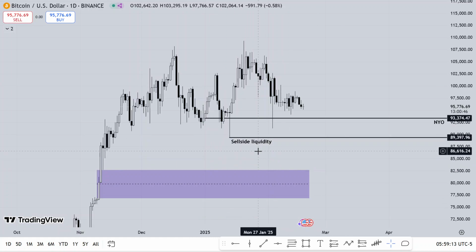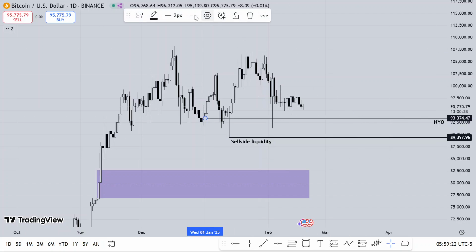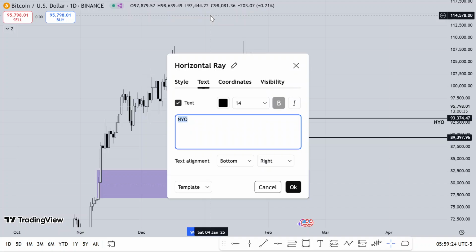So we're currently trading above the New Year's opening. Let's indicate this as the New Year's opening so we don't get confused by what price is.